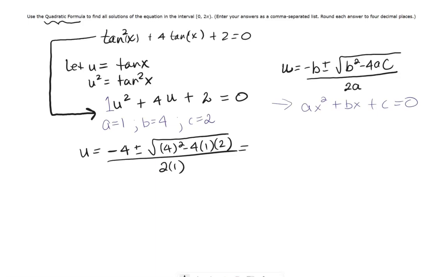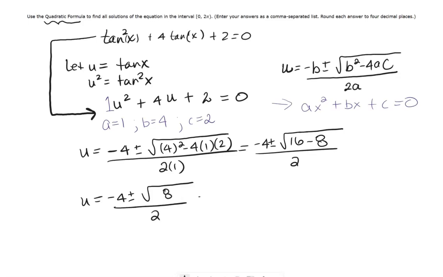If we simplify that, we have negative 4 plus or minus the square root of 4 squared, which is 16, minus 4 times 1 times 2, that's minus 8, divided by 2 times 1, which is 2. So u is negative 4 plus or minus the square root of 16 minus 8, which is 8, divided by 2.